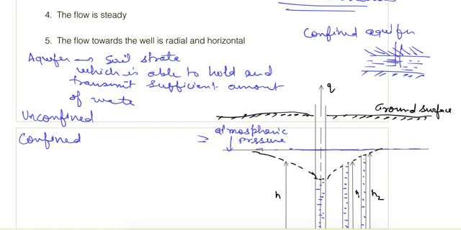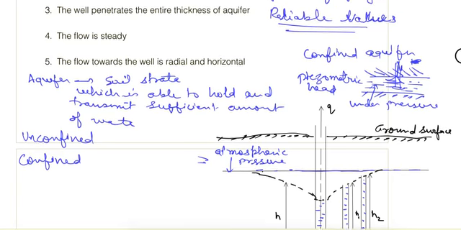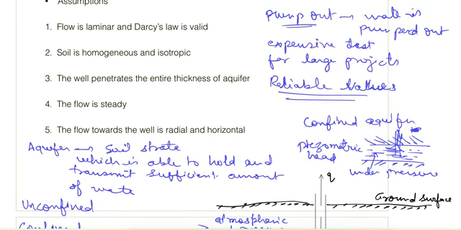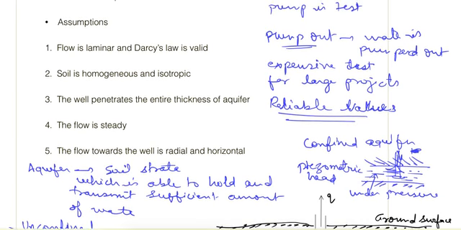So when we put a well in this condition, the water level will rise, and that will be the piezometric head, because water is under pressure. So let's see both of these one by one for unconfined and confined aquifer.